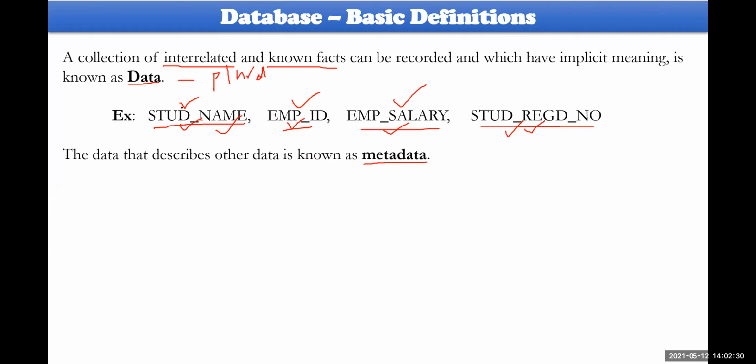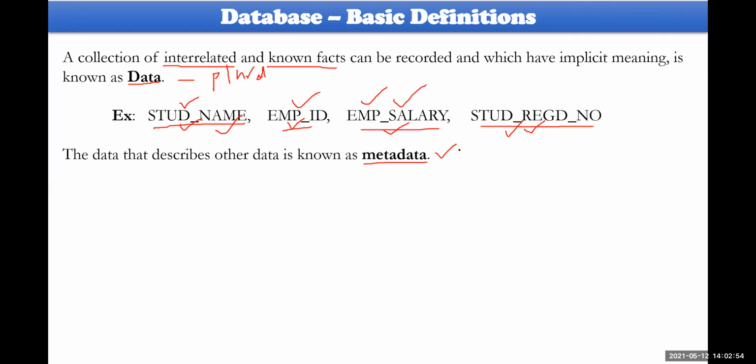We don't have any information. Employee salary also doesn't have any description. That is what will be called data. And if you define what kind of data will be taken by one particular column or item, then that is called metadata.